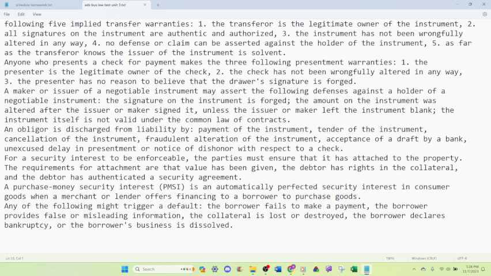The borrower fails to make a payment. The borrower provides false or misleading information. The collateral is lost or destroyed. The borrower declares bankruptcy or the borrower's business is dissolved.